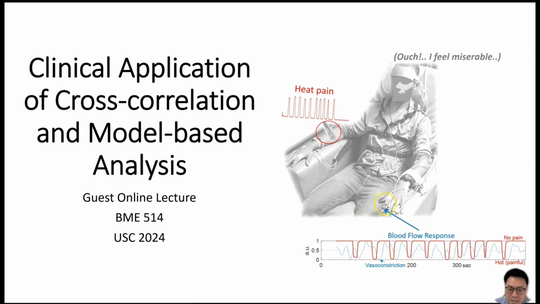So this is a laser Doppler flowmetry that is measuring the blood flow on the regional finger vasculature. And that is portrayed by this blue line. And you can see that when there's a heat pain, which you see in this red, which is actually flipped, on the top it's no pain, but in this direction it is actually getting hot.